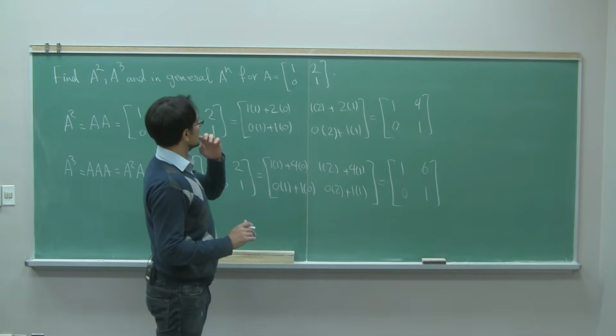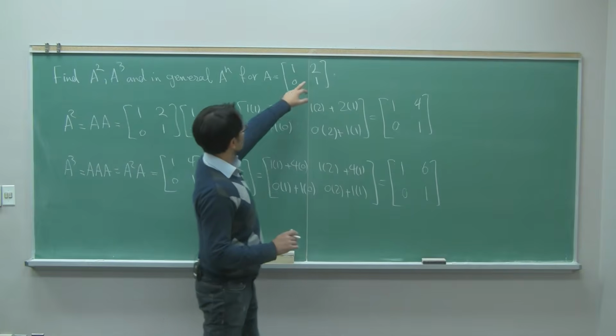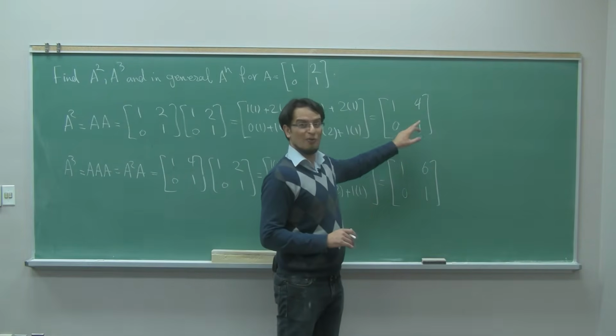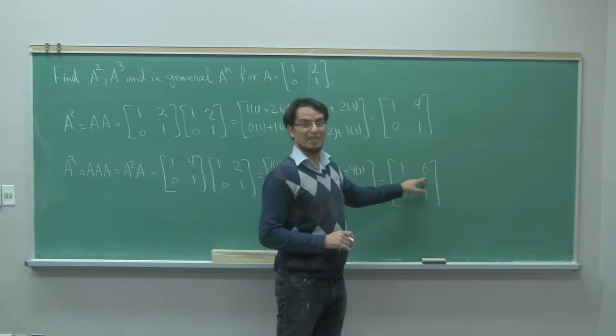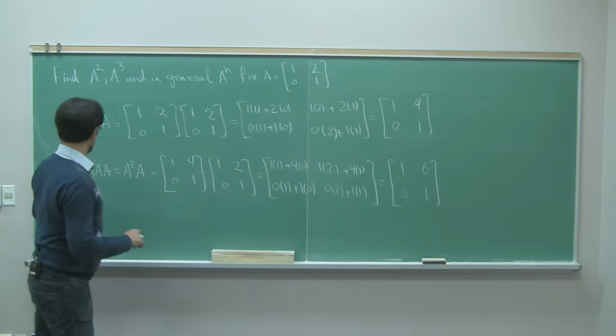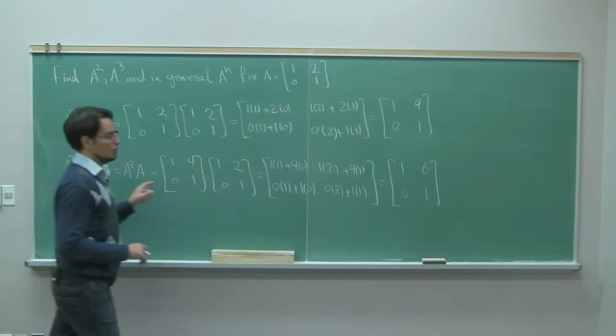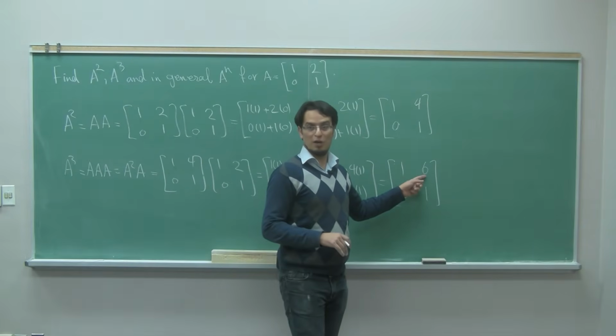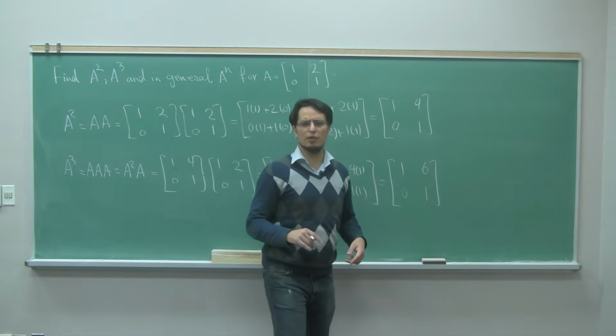What about the other entry? For power 1, I have 2 here. For power 2, I have 4. For power 3, I have 6. Then it seems that whatever the power is, you multiply by 2 and put it in the 1,2 entry. Let's check it for A⁴.